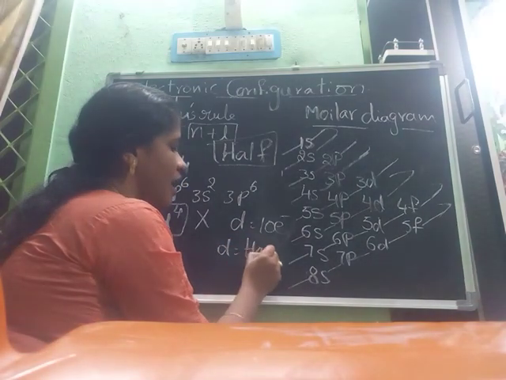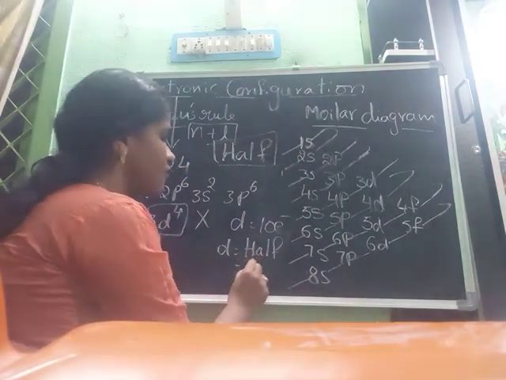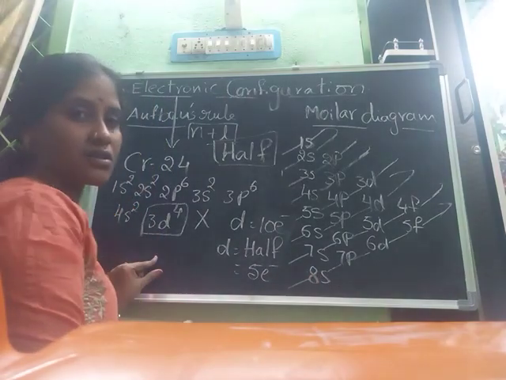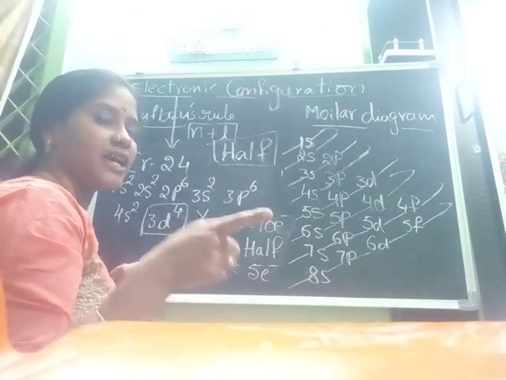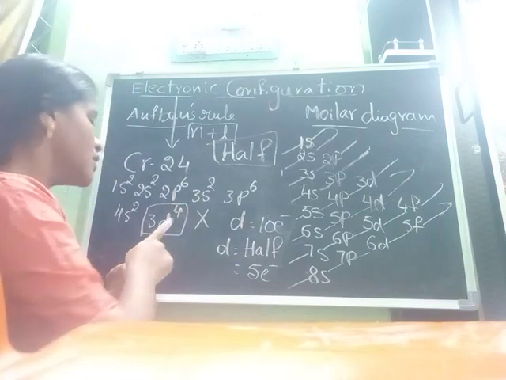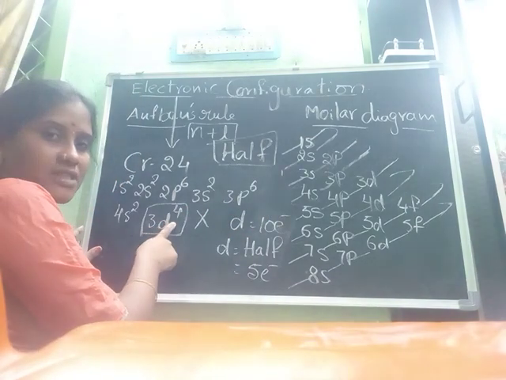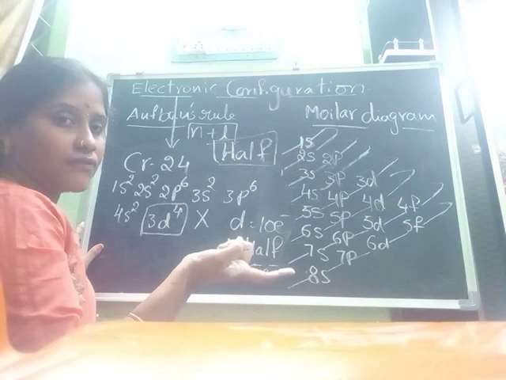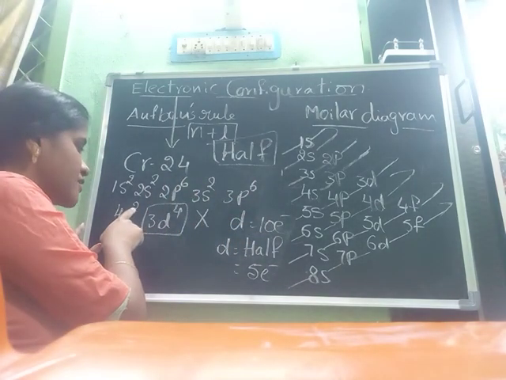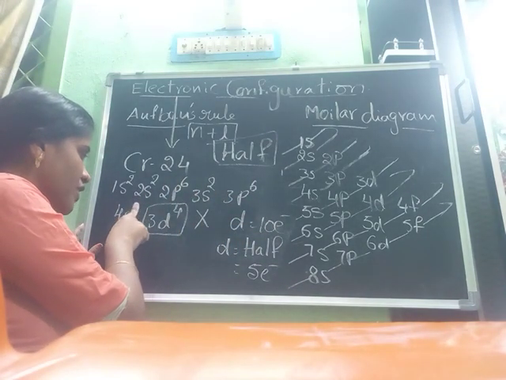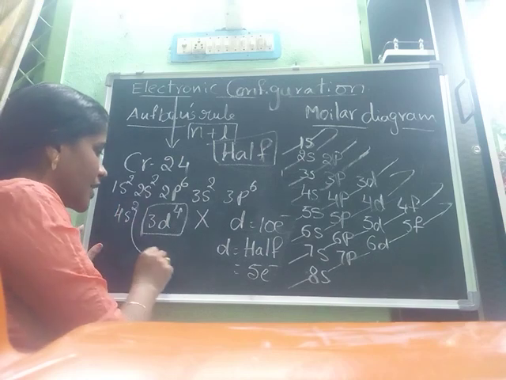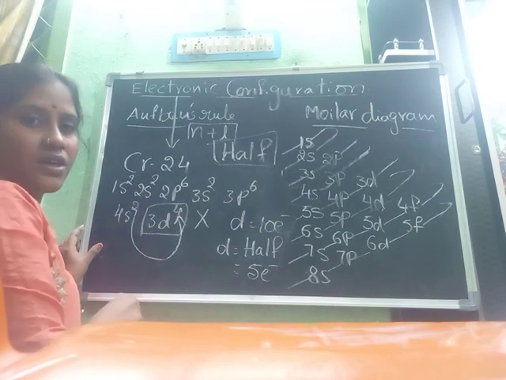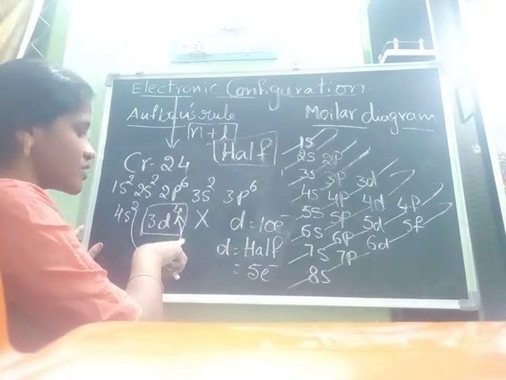If it contains 5 electrons, then it will be stable, either completely filled or half filled. Now you see here 3d4 is there. It won't be stable in that configuration. So from the 4s, 2 are there, so 1 electron will come to here.